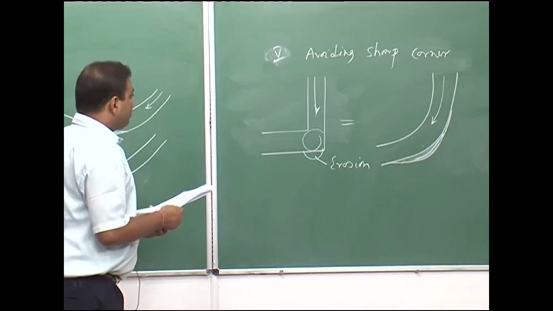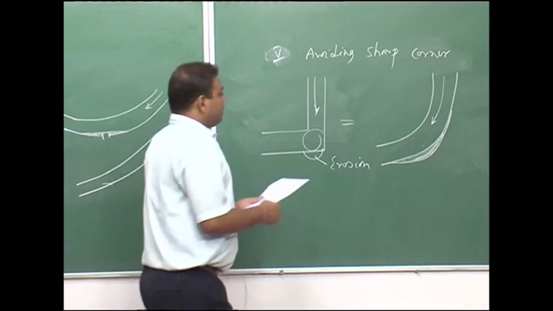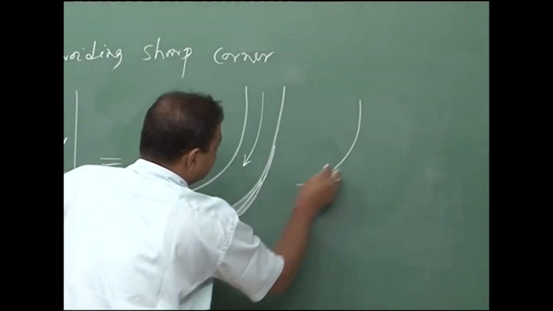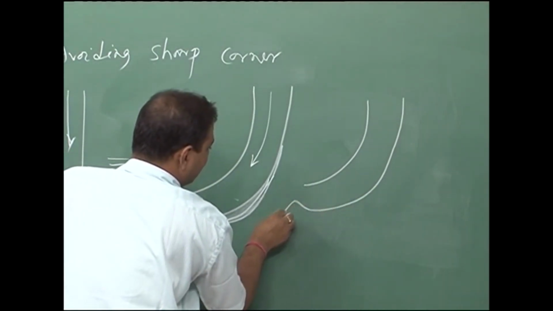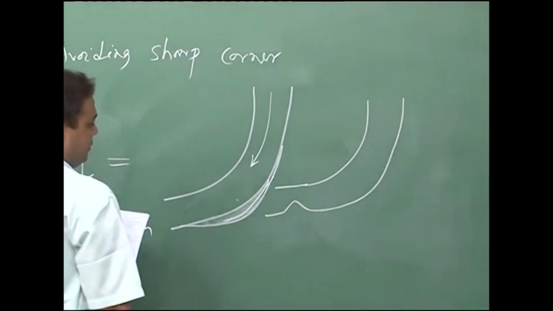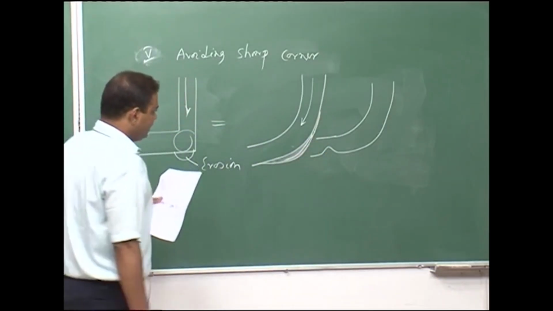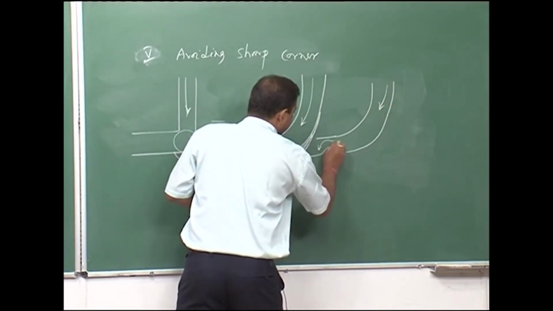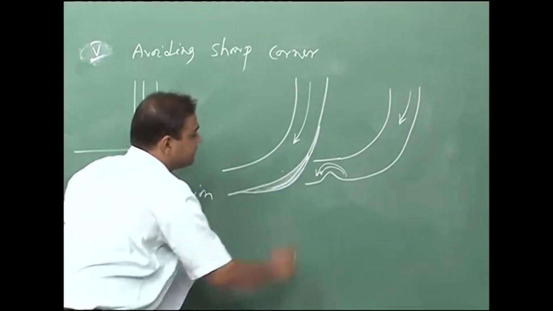So, avoiding sharp corners is one way which can prevent corrosion. Or let us say in the way of the water flow you have some protruded part; that is also bad. Liquid is flowing like this, and in this protruded part you can have turbulence. So here also corrosion can take place.